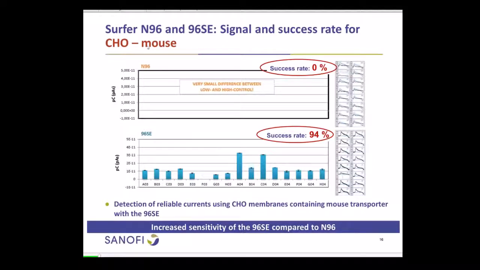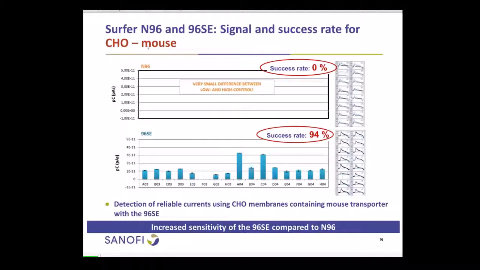Therefore, we also tried to develop an assay with CHO membranes with the mouse transporter inside, but with the N96, which was a machine we used before, it was not able to see currents with these preparations. This was pretty nice for the 96 SE, because with this machine, which seems to be more sensitive, we see currents with the same membrane preparations with the mouse transporter.